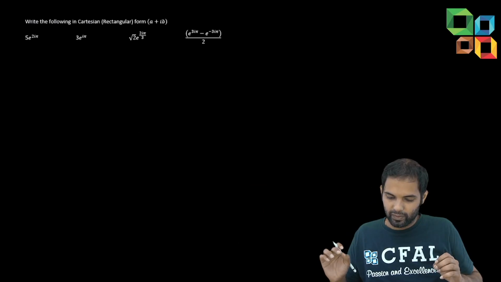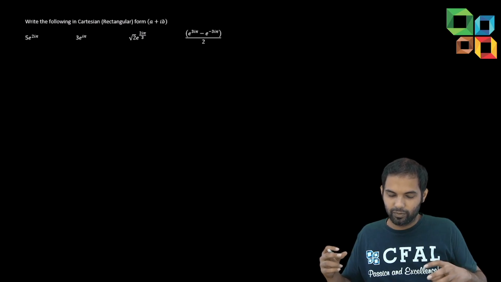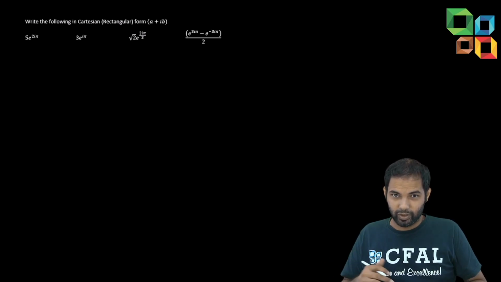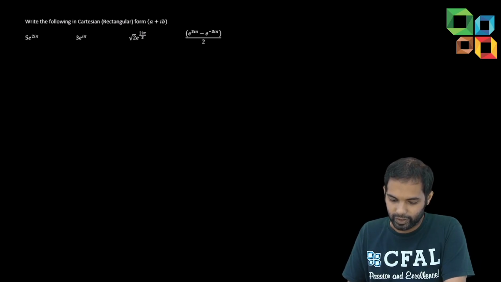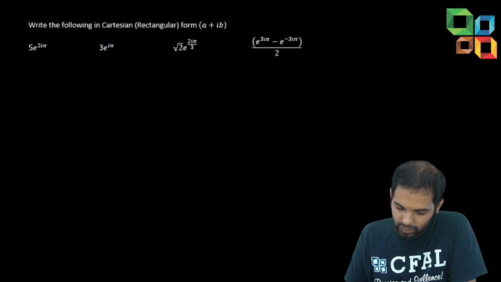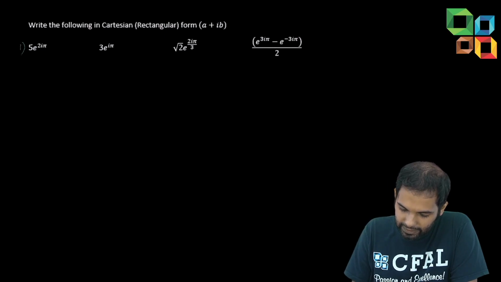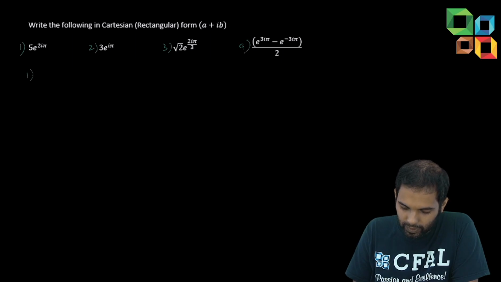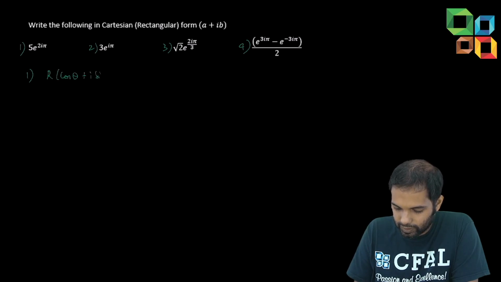Now, we have already got the problem in terms of e powers, or r into e power i theta. We have to convert it into our usual form. So let's do this directly. I write 1, 2, 3, and 4. First one, r is already known. So r times I have to write it as cos theta plus i sin theta. Every problem, the same thing.